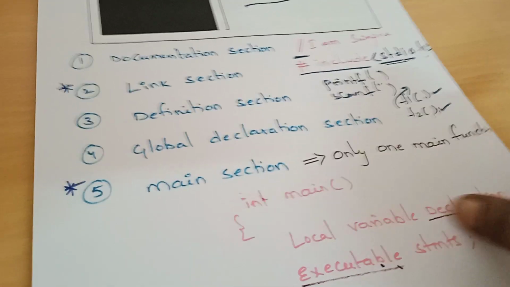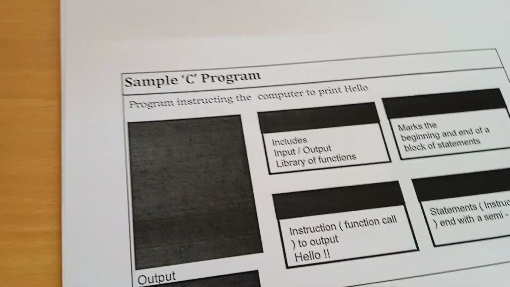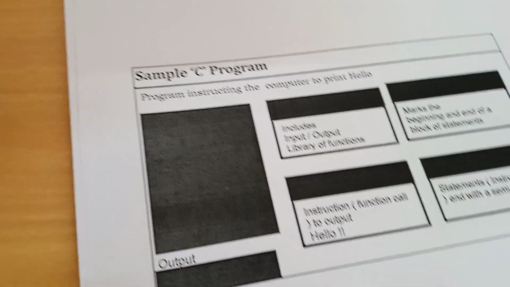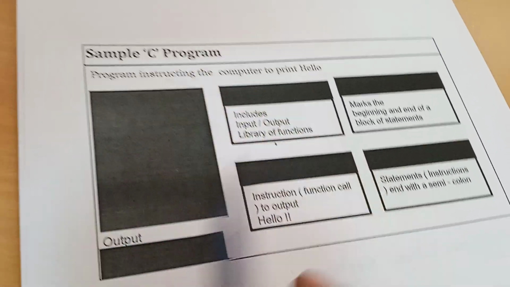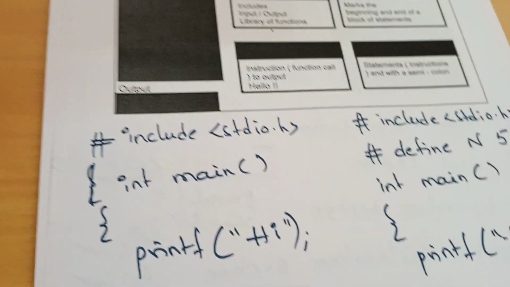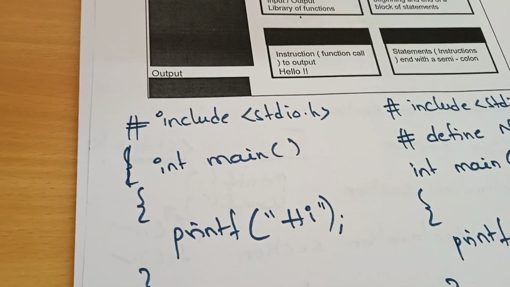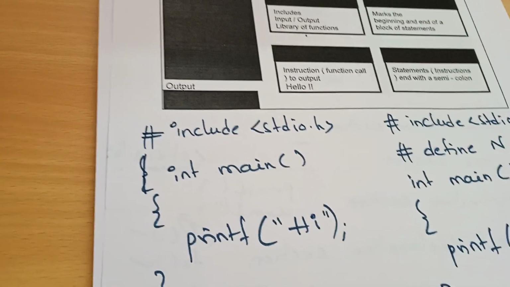Now shall we write an example to understand the same? Look at this simple C program. The program instructs the computer to print hello. To print hello, we'll include input output functions as I said. You can see here I wrote two programs to help you understand the basic structure of a C program.